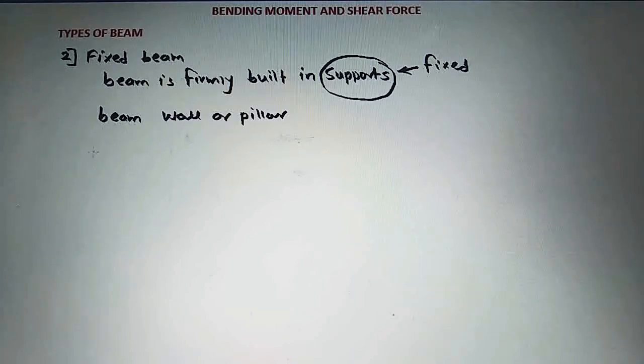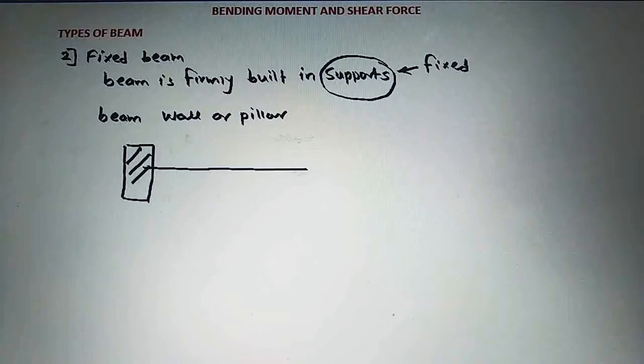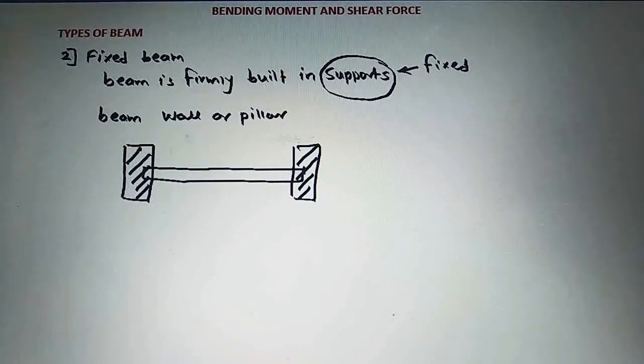Now see here, this is the beam, and as this beam is firmly built into this wall, we can draw a fixed beam as, this is the beam here, and this is the symbol of fixed support.